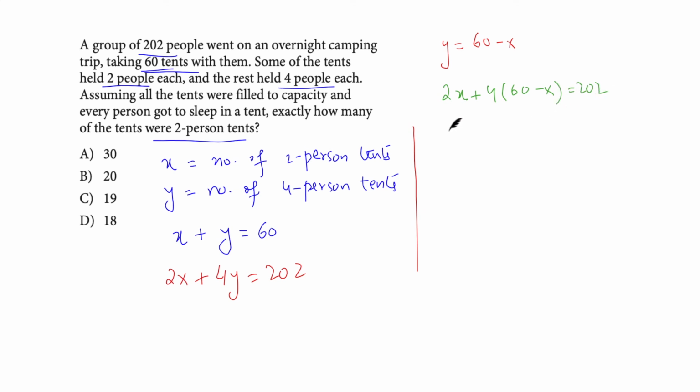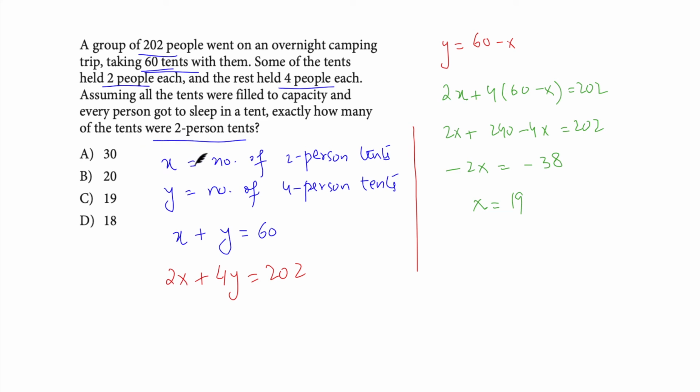So this will give us 2x plus 240 minus 4x equals 202. We have minus 4x plus 2x, minus 2x, and 202 minus 240 is basically minus 38. X equals 19, and X is our target answer as well.